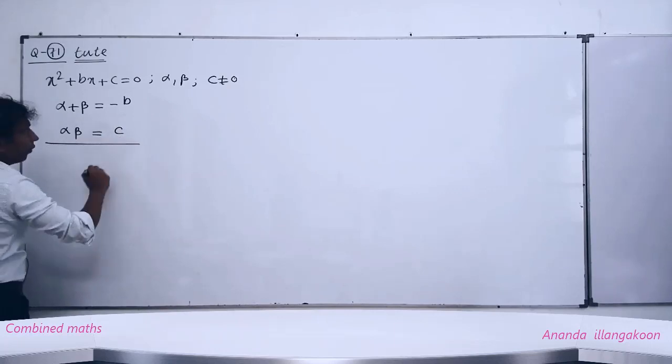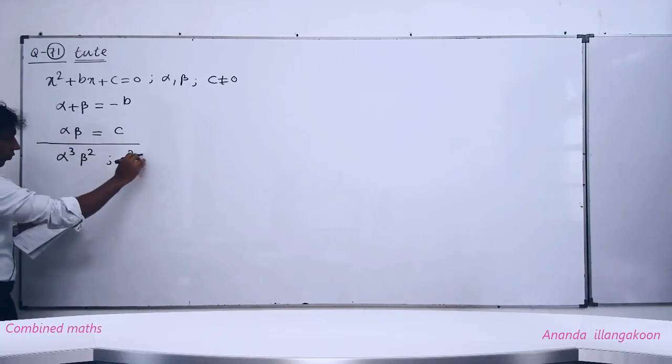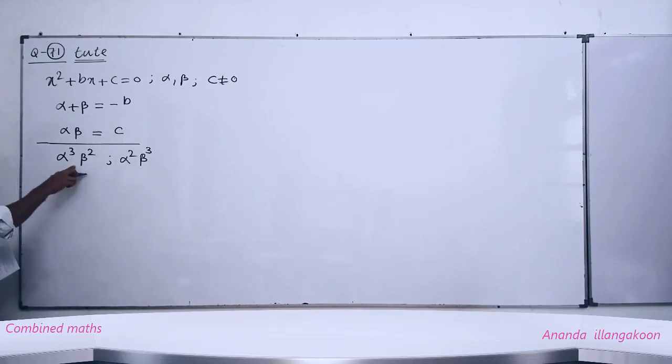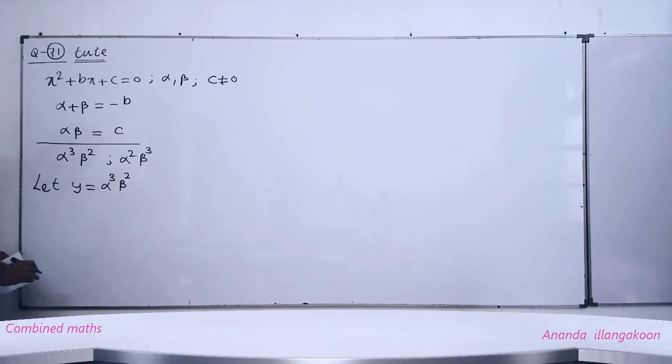Now, the two roots given are, people, this: alpha cube beta squared and alpha squared beta cube. Then I take any root out of these two as y. Let y equals alpha cube beta squared. Then I write here y.